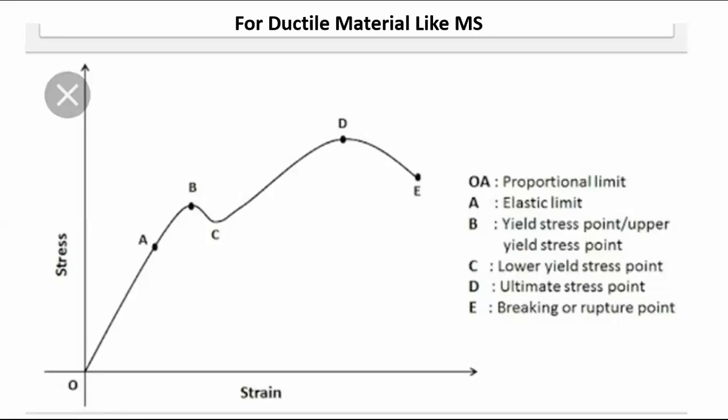Let us say our proportionality constant is 2, for example. Then at this particular point, if you draw the vertical line and horizontal line, you get stress by strain equal to 2. Here also you will get stress divided by strain equal to 2 up to this limit.